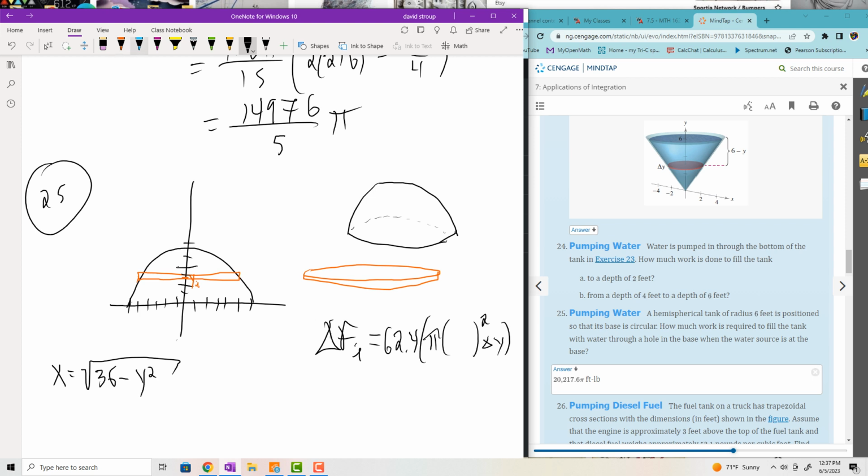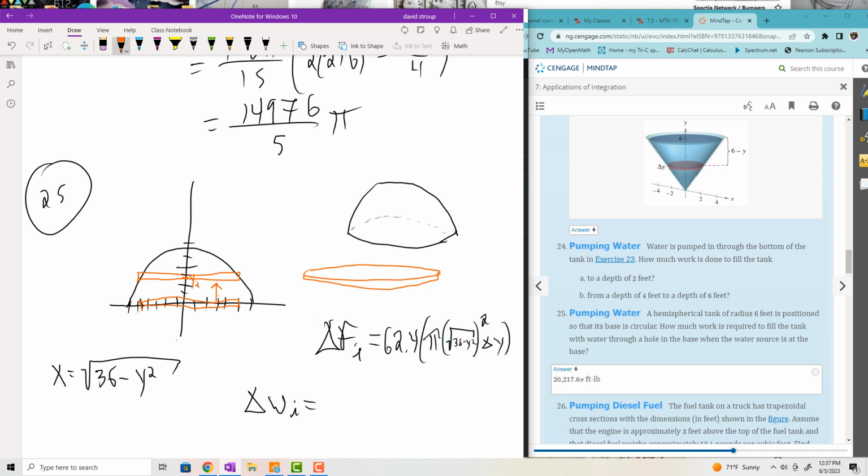And the deal is now that we're pumping the water into it. So that disk you see there, well, let's put it one thing at a time. Let's put this formula in for radius. So this will be 36 minus y squared. So for the work increments that the Riemann person is collecting, if you look at the picture as I have set it up here, that one rectangle has been moved from the bottom right here into this position right here.